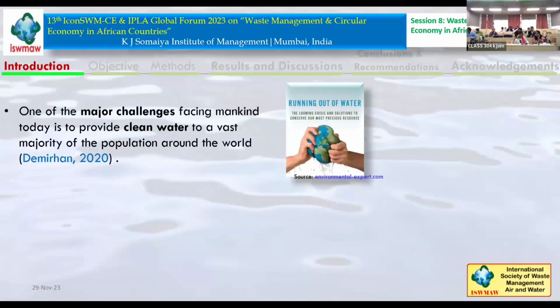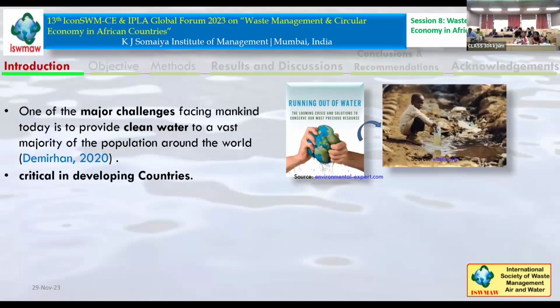So as an introduction, as we know, one of the major challenges facing mankind today is to provide clean water to the vast majority of the population around the world. And this challenge of getting clean water is very critical in developing countries.